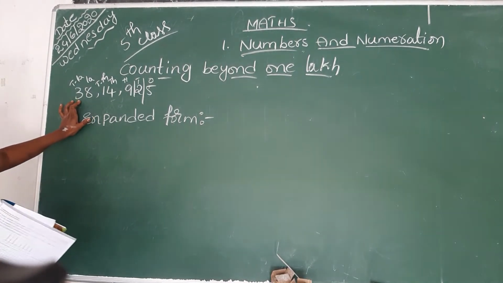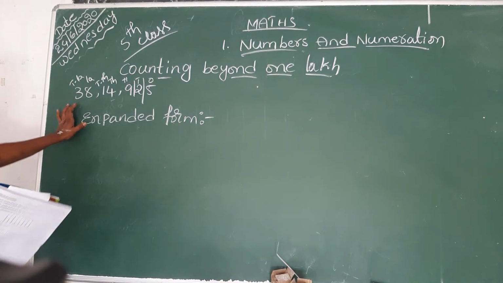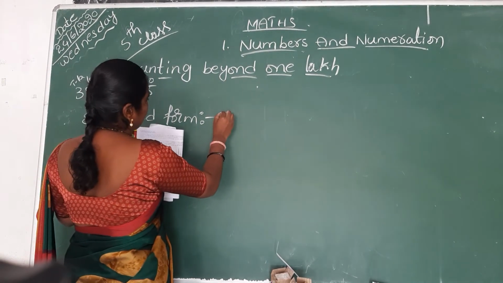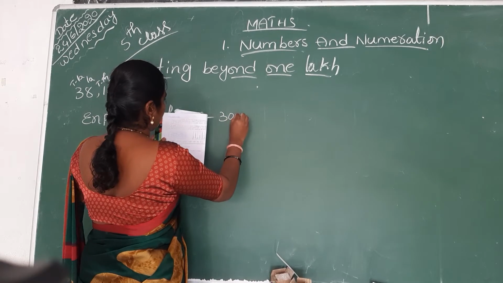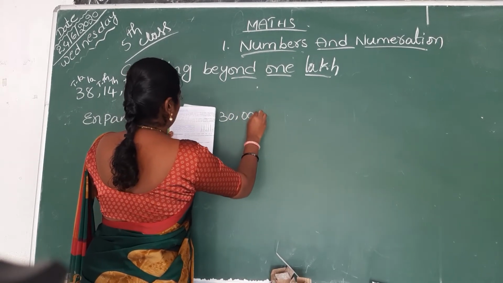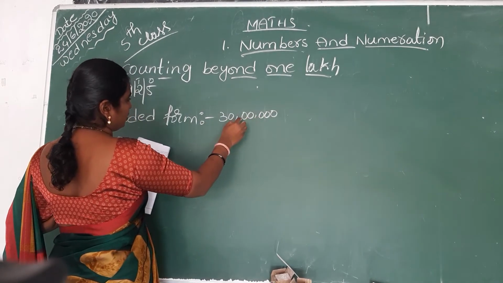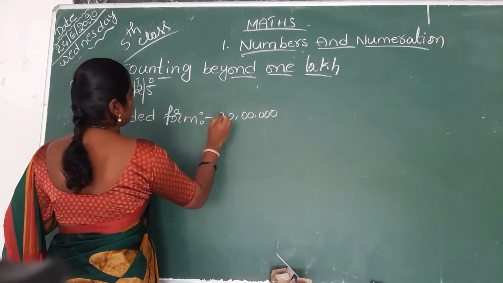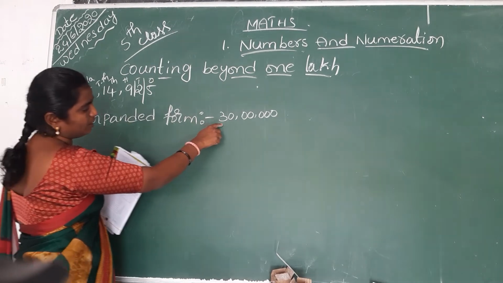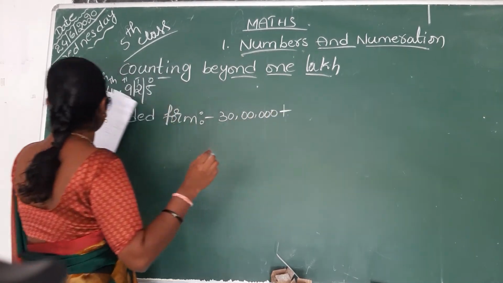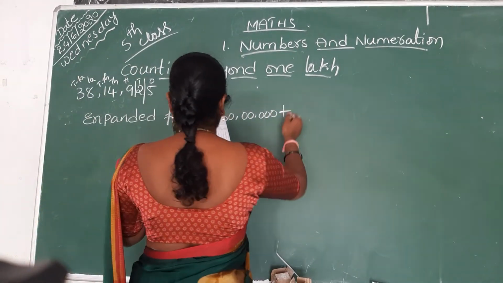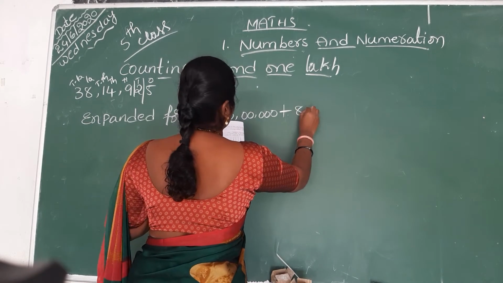See here, 3 is in which place? 10 lakhs place. 3 into 10 lakhs, 30 lakhs. Ones, tens, 100, 1000, 10,000, lakh, 10 lakh. 3 is in 10 lakhs place, no? So I wrote here 30 lakhs. Next number 8. 8 is in lakhs place, no? So 8 lakhs.